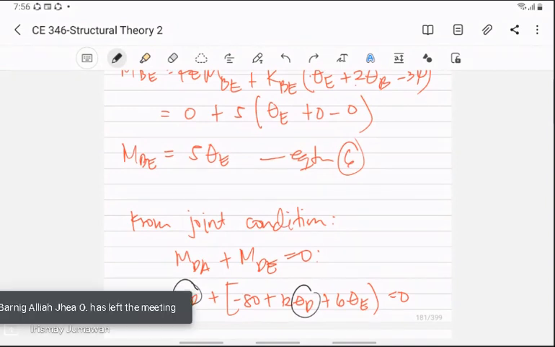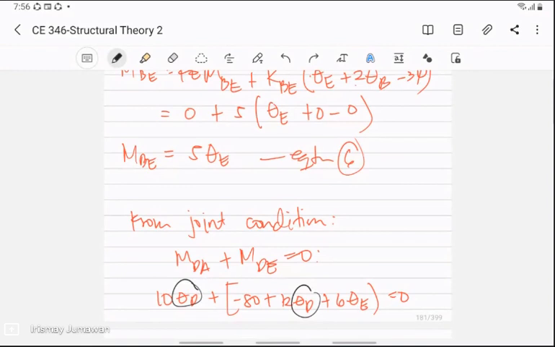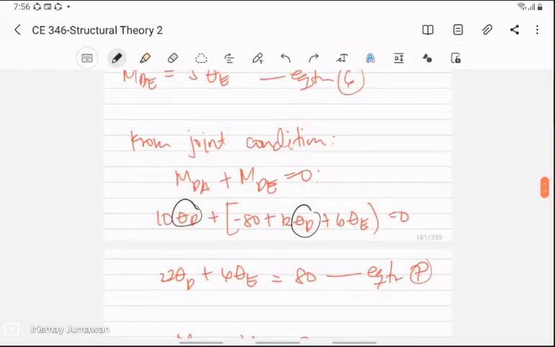So we have to substitute the values, then proceed with algebra. We have to add like terms, and the constants we separate. So we have this equation 7, that is 22 theta D plus 6 theta E is equal to 80.